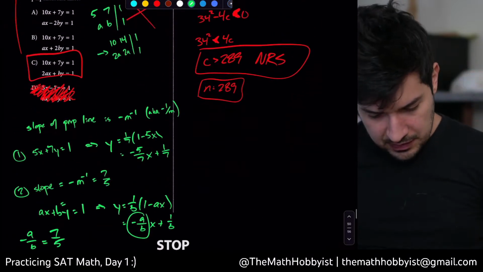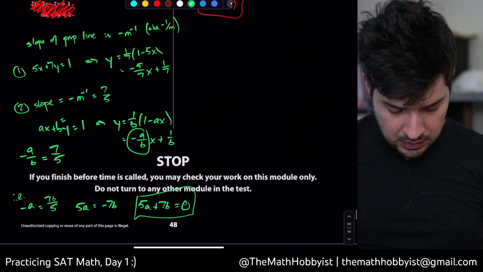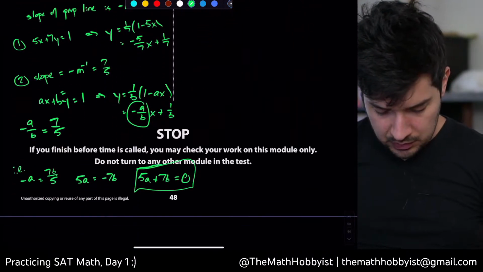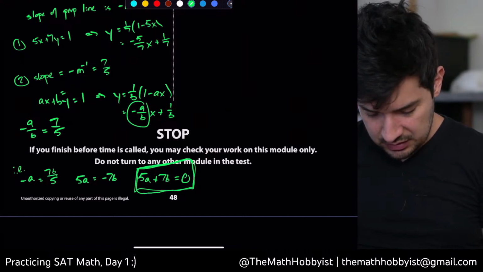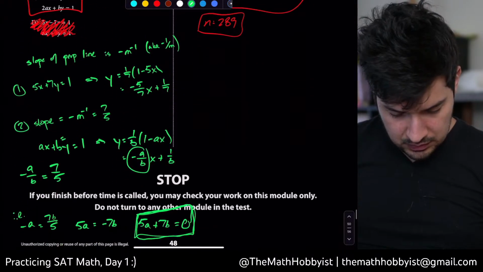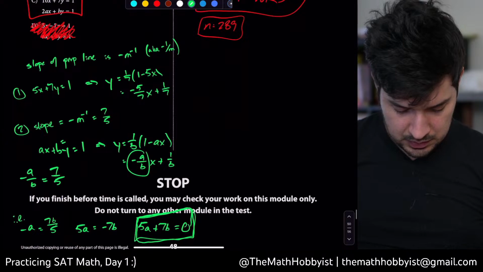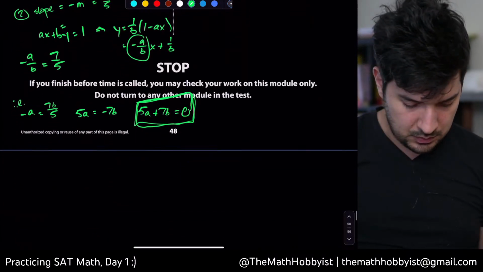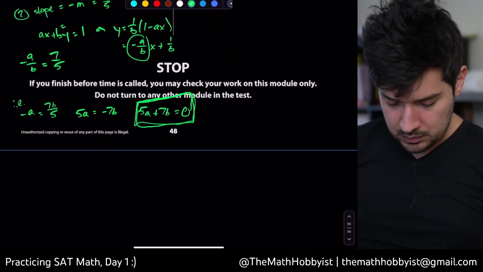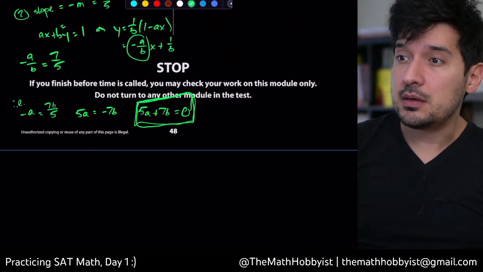So we need to find out of these equations which of them also satisfy this: 5a plus 7b equals 0. I think that we're on a better track now with this one.